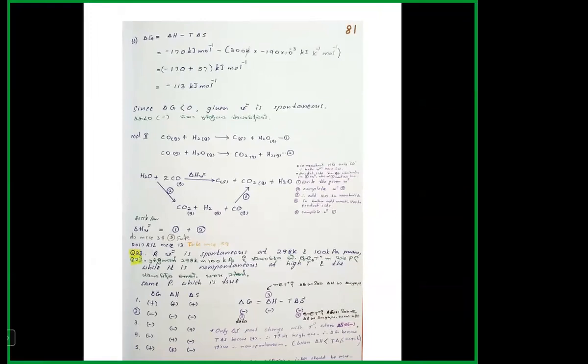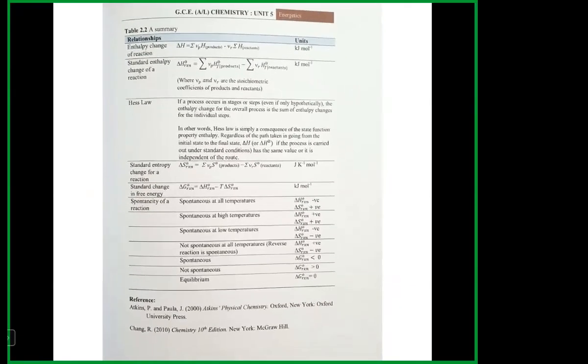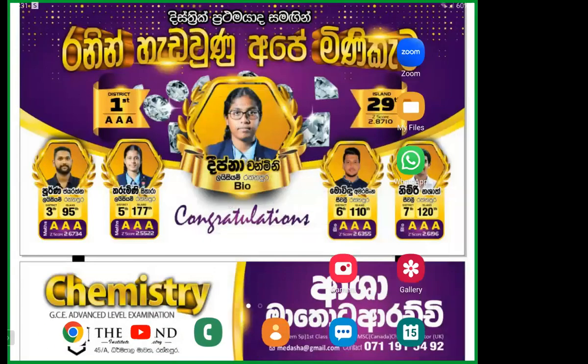It's from the modern papers 2017. Just to convince you more about this. And this is the summarization of the resource book.